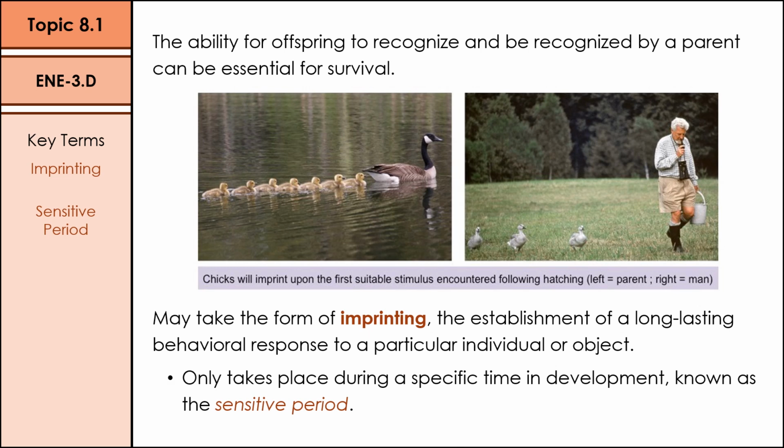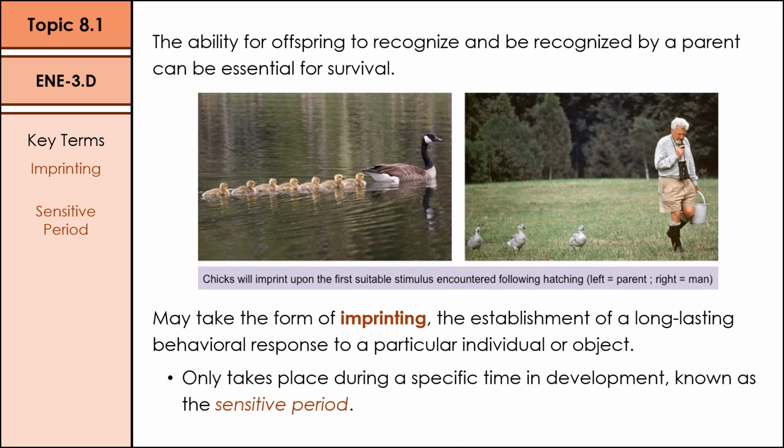Now, this means that when the chicks hatch, they imprint on their parent and will follow their parent. That's how you get these cute little lines of ducks and geese, all following behind their parent. Now, the unique thing about imprinting is that it only happens during a specific time in their development, what we call a sensitive period.